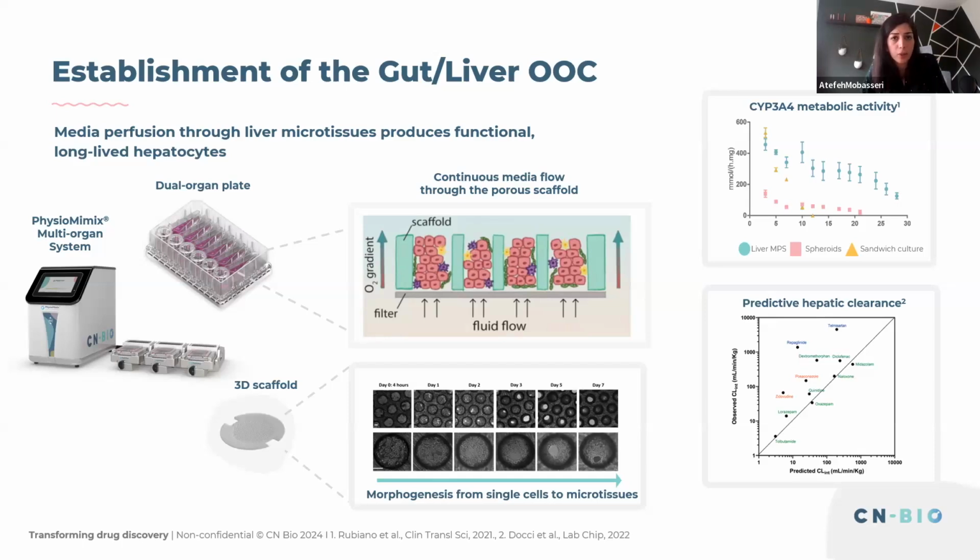Hepatic clearance is also important. Again, this is published data showing the clearance rate of 12 different compounds and how this correlates to the available human data on the clearance rate of these compounds in humans.